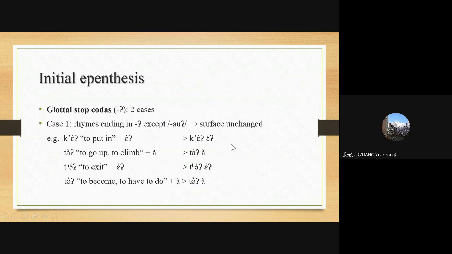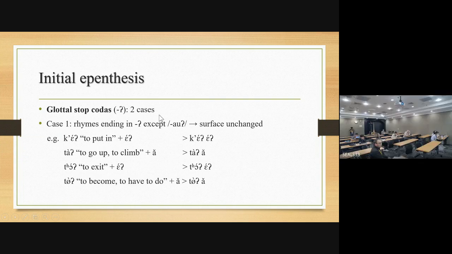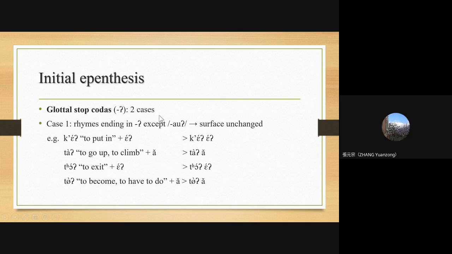Okay, the last case we're going to introduce is glottal stop codas. But there are two situations of it. The first is a rhyme ending in a, except ao. So the surface remains unchanged.